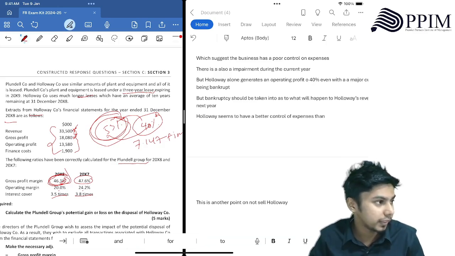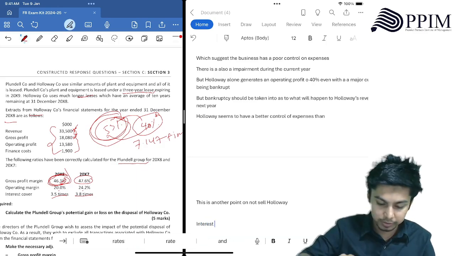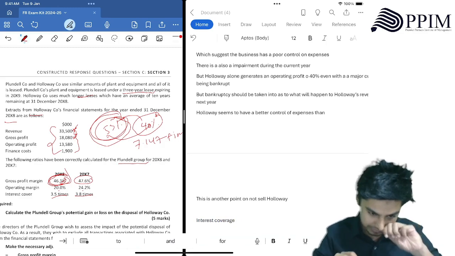Then guys, last part, let's quickly discuss the interest coverage ratio.